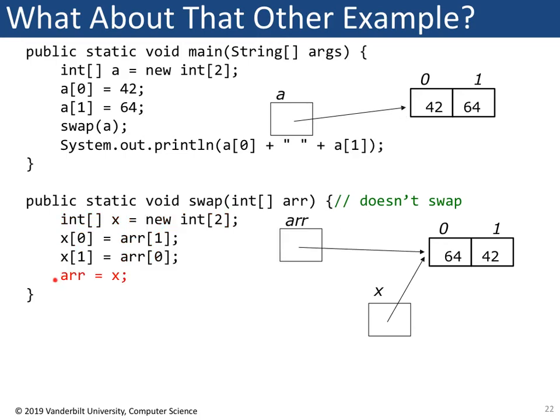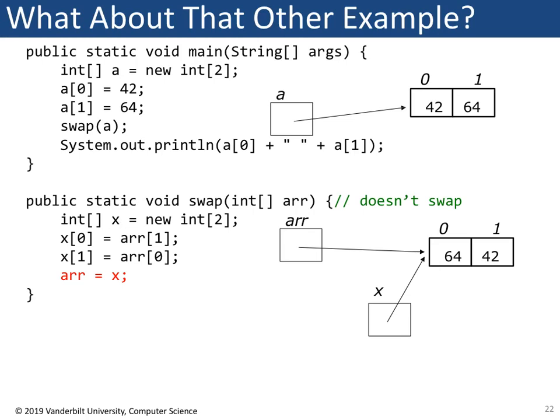When we execute this last statement, what we're doing is we're taking the address stored in X and putting a copy of that address in ARR. So previously, A and ARR, two separate variables, both contain the address of this object in memory. However, when we execute this statement, we take the address stored in X, which points to this new object, and we store that address in the variable ARR.